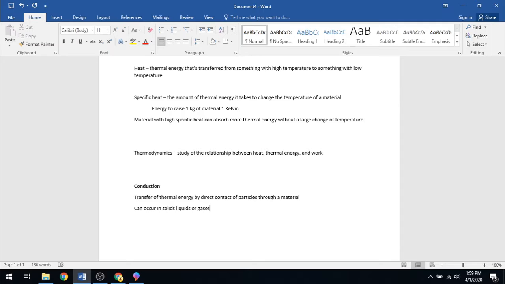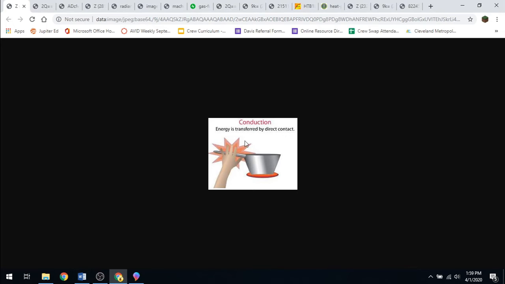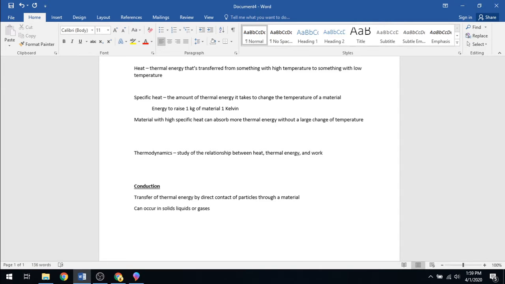Some materials are really good at letting thermal energy pass through, and some are not. So for instance, a hot pot, metal, is a good conductor. It conducts heat well. So we have a term for that, which I already said, a conductor.